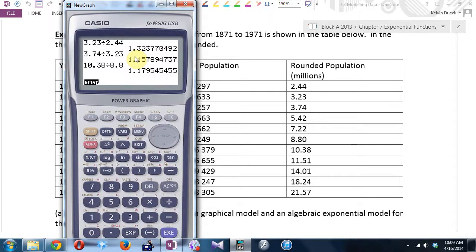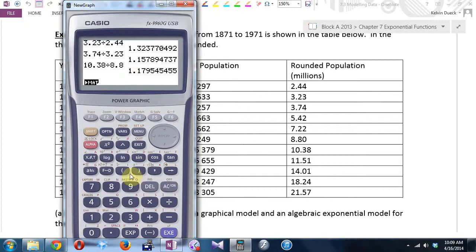So a way you can tell if something is exponential, divide any y value by the one immediately above it, and the ratio, the answer, the decimals, should be close. Maybe bang on, that probably means it's fake data, but close.